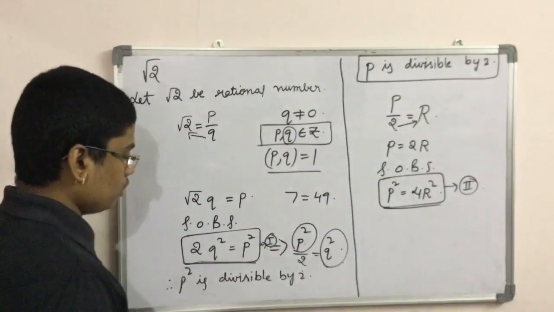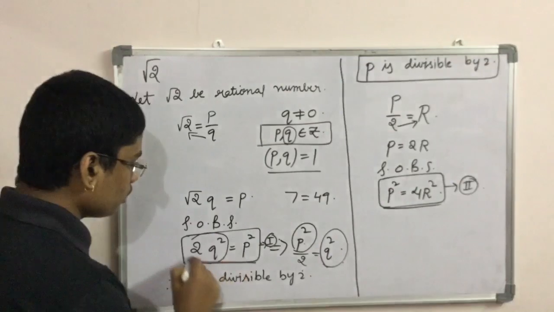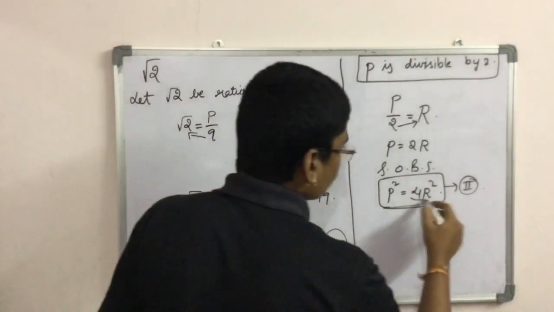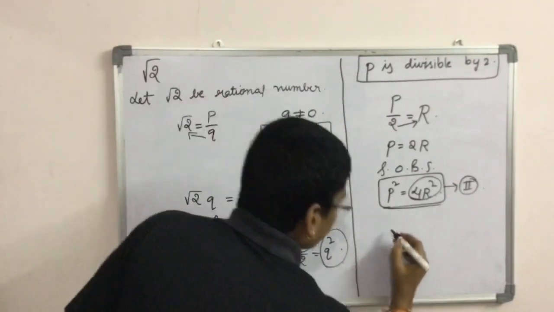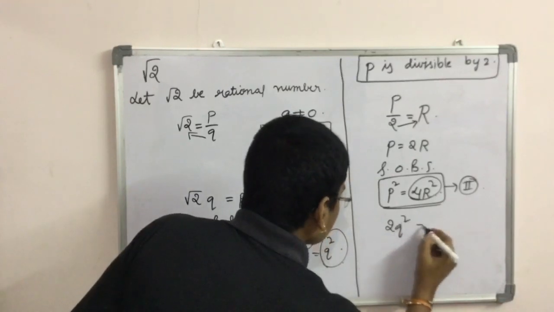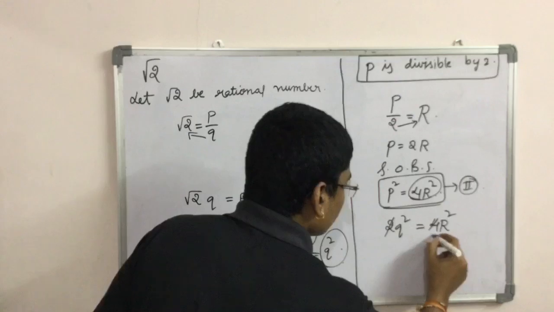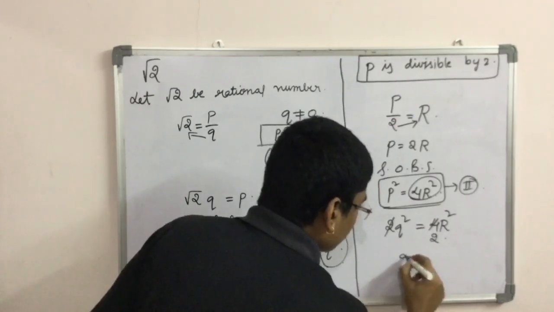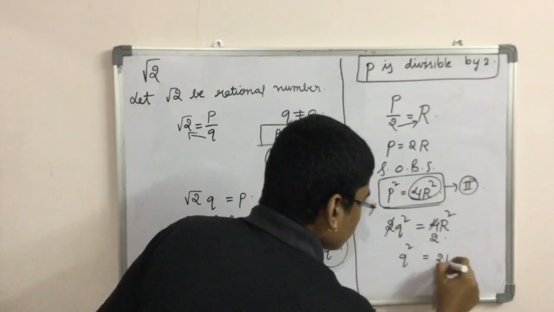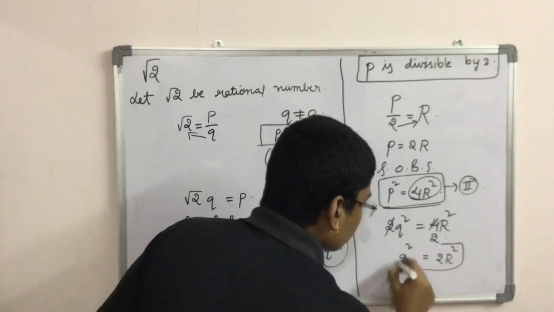P square is common. So we'll equate the 2q square term and the 4r square term. We'll assume that 2q square is equal to 4r square. Cancel 2, and it becomes q square is equal to 2r square, which is our final result.